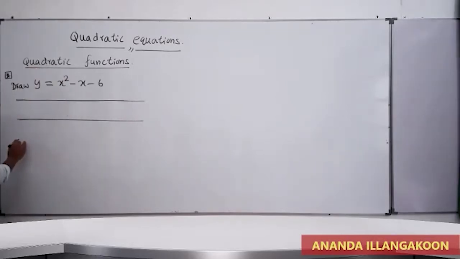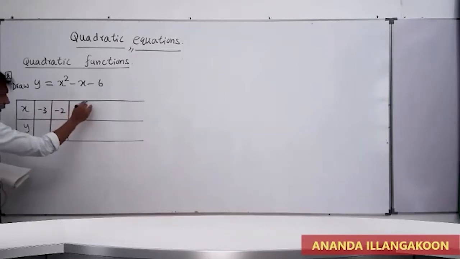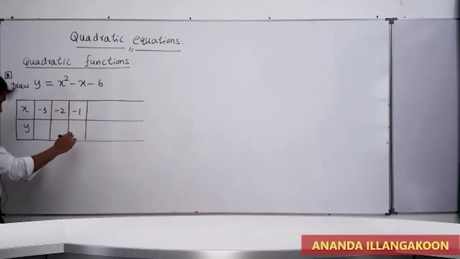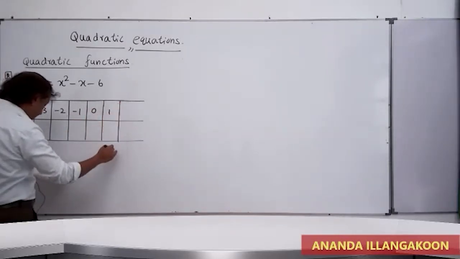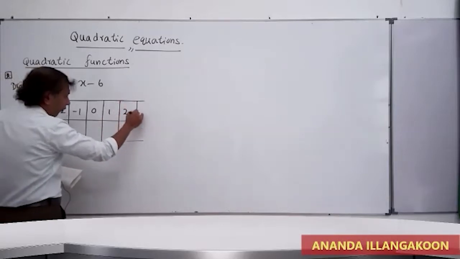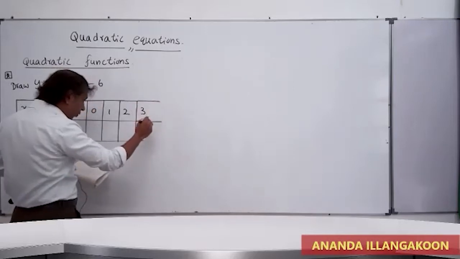This lesson is very interesting and very easy. Suppose this is our x, this is our y. Now I include into the table minus 3, minus 2, minus 1, 0, 1, 2, 3, and the next one, 4.